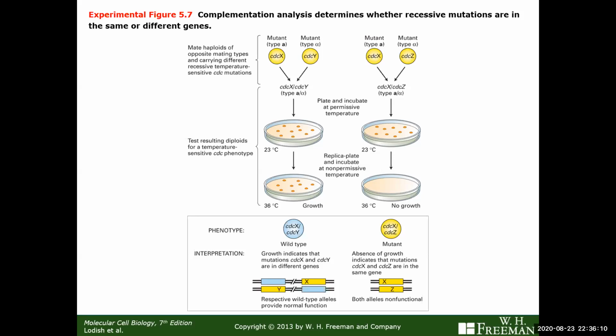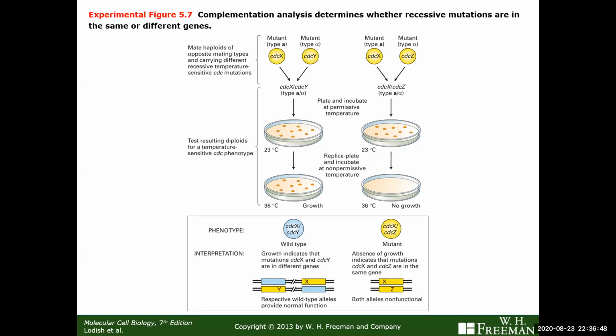Now, let's keep the maths simple. If you have screened 1 lakh colonies, and in every 500 there is one mutation, then in 10,000 there will be 10 mutations, and in 1 lakh there will be 100 mutants. These 100 mutants will fail to grow at 36 degrees centigrade, and they will grow at 23 degrees centigrade.